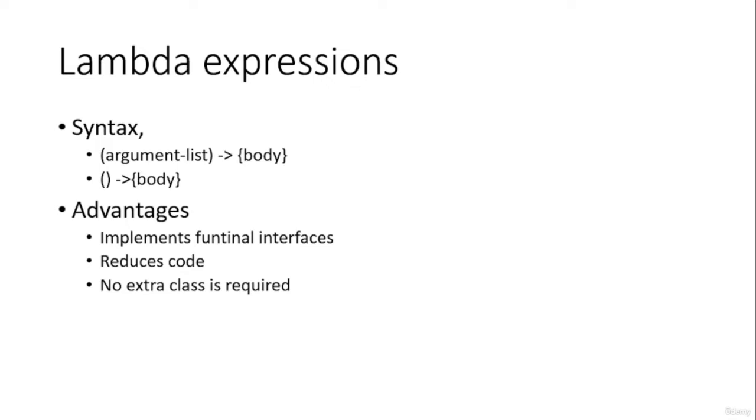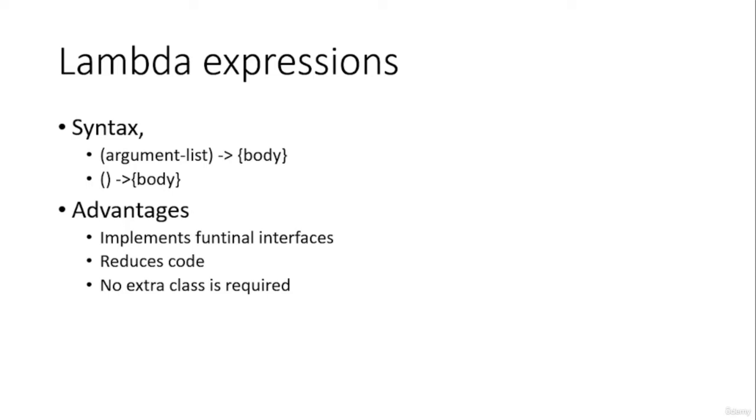We need to write just a few lines of code. If you use an anonymous inner class or other classes, we have to write more code. The next thing to understand is that it will automatically implement the functional interface for us. That is a great feature to have.